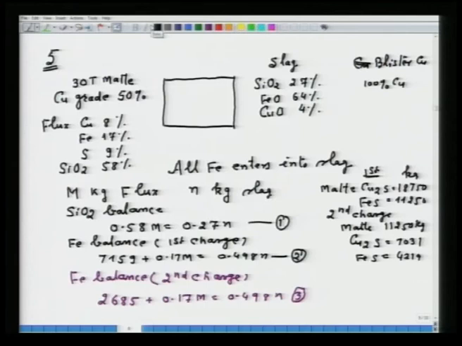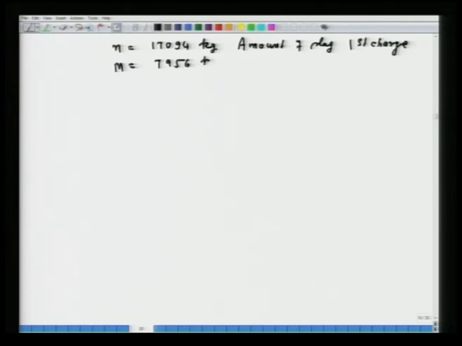If I do that, then n is equal to 17094 kg. This is the amount of slag in the first charge. Then m, the amount of flux, is equal to 7956 kg.